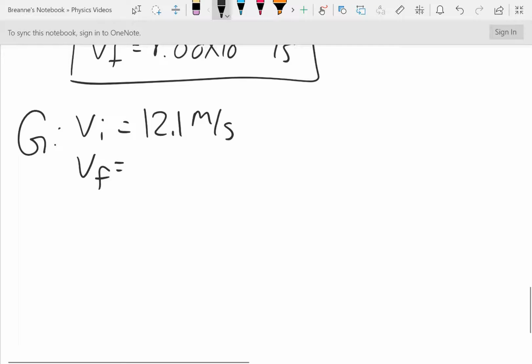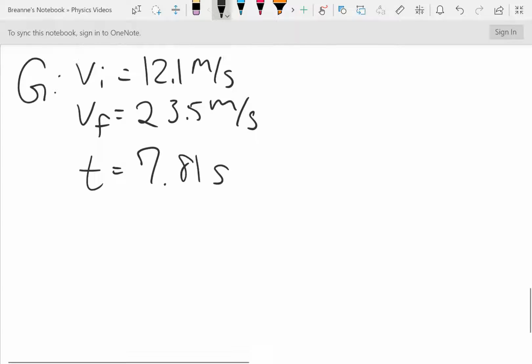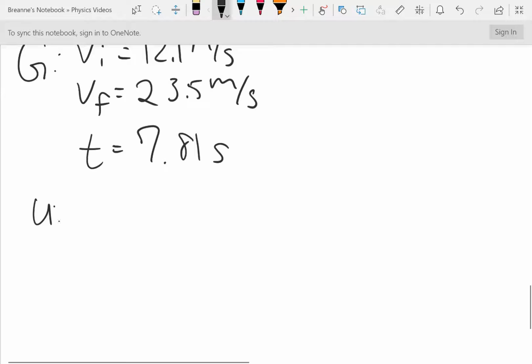The final velocity is the second one mentioned, 23.5. It also mentioned time, which is 7.81 seconds. Our unknown is mentioned at the very beginning. It says, what is the acceleration? So we're looking for the acceleration.